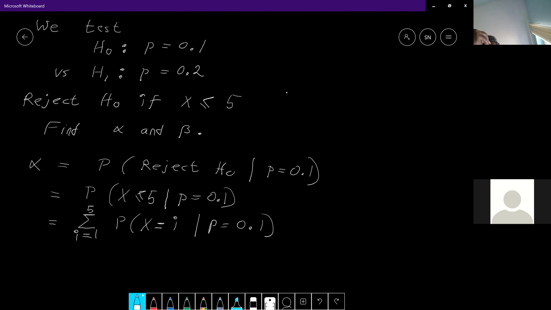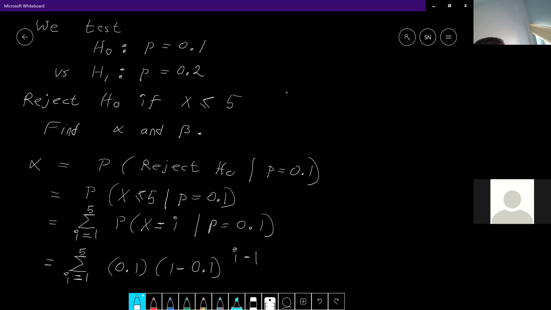All right, so this will be the sum of the probability that X equals i when P equal to 0.1, which I'm sure all of you know is p times (1 minus p) to the power i minus 1.